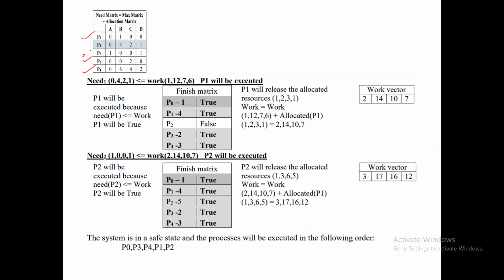Now because it is 11276, these have completed, so we'll go back to P1 now. P1 requires 0421. So check with 11276, which is the current availability, which is very much within the limit. So less than this. That's the reason we'll go ahead and allot. Again, the work vector will now change to 11276 plus the current allocation of P1.